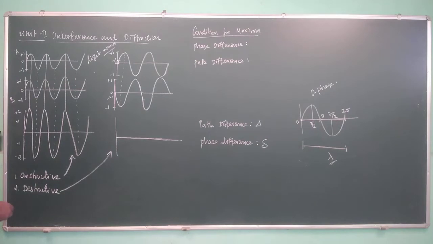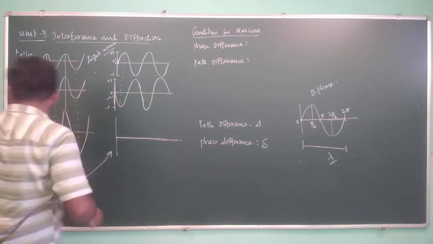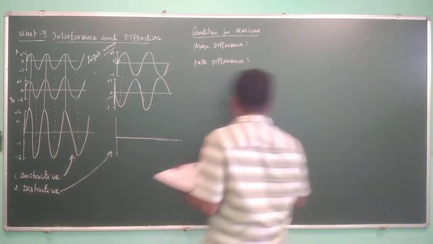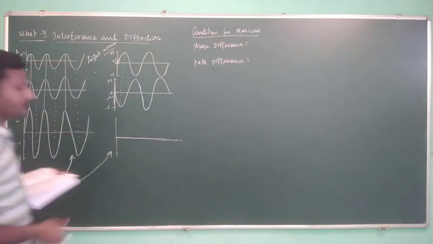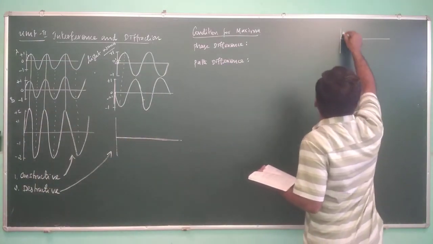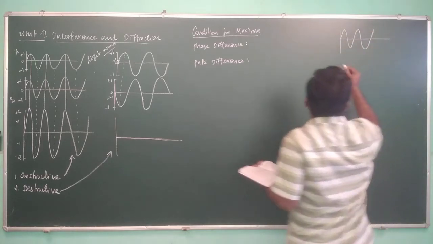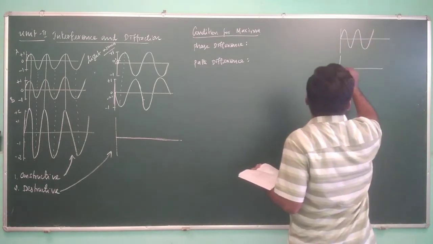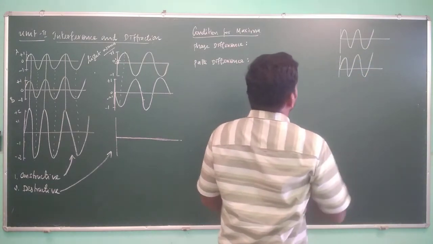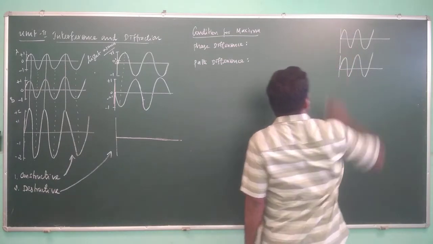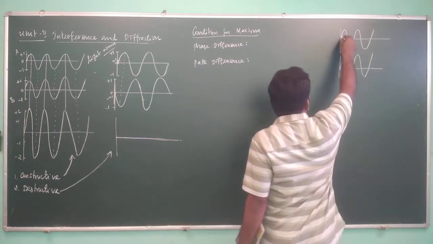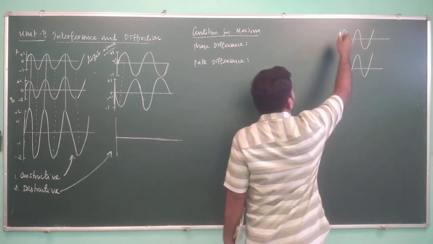See, let's consider a wave. How to understand this is important. It's not just a matter of memorizing things. This is one wave. This is another wave, right? Both waves start from the same place. So this and this don't have any path or phase difference.